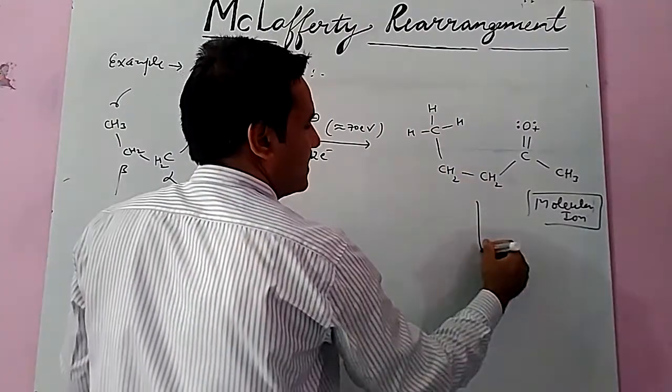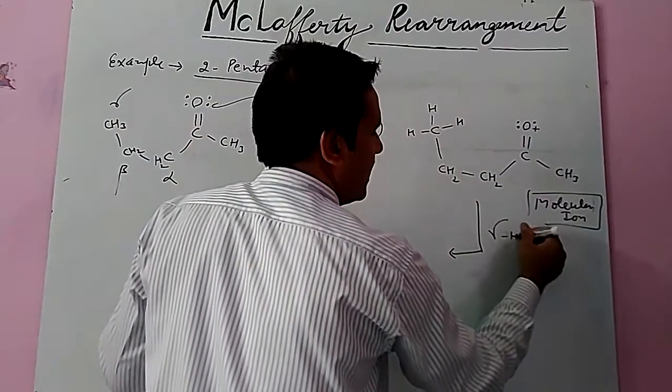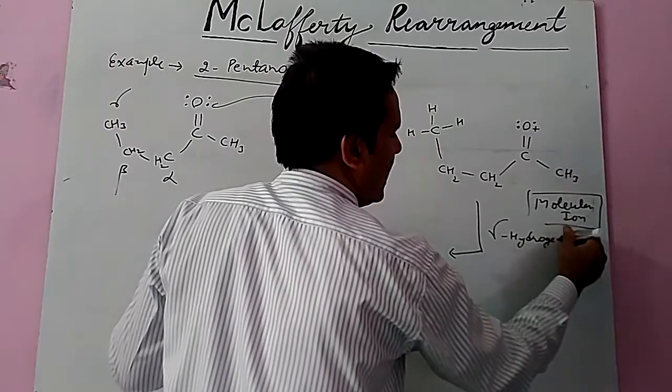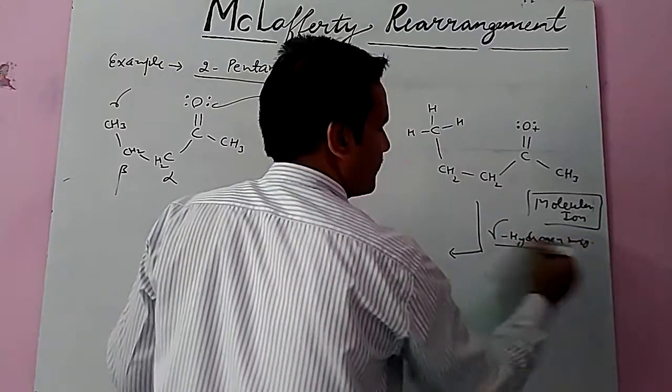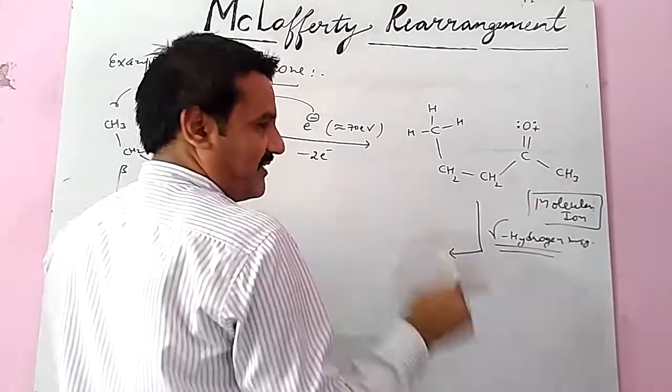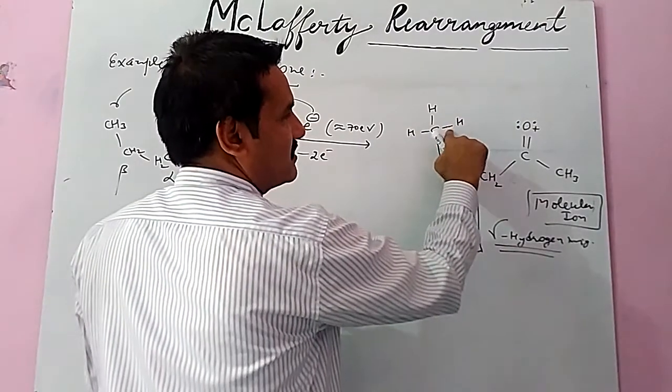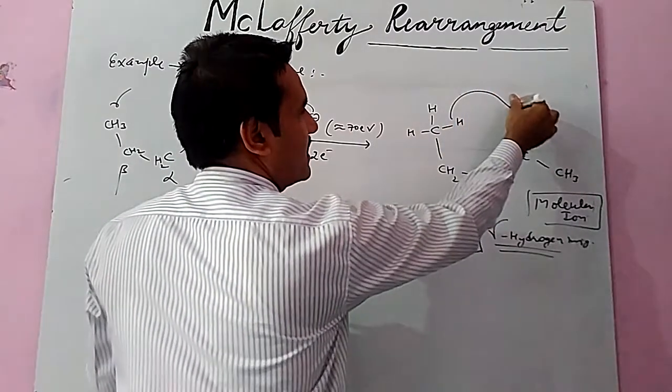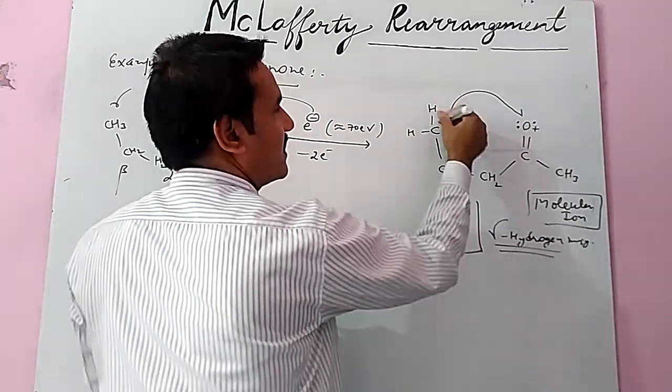Now by gamma hydrogen migration in McLafferty rearrangement, what will happen? From the gamma hydrogen single bond, 1 electron transfers here and 1 electron transfers to this carbon.